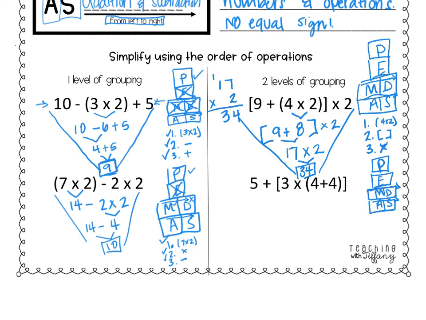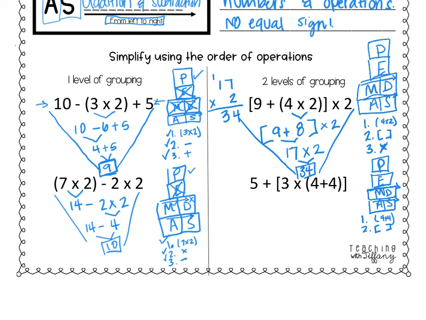So the first thing we look for are parentheses. Do we have any parentheses? We have 4 plus 4. Do we have any brackets? Yes, our brackets are there. So we have to solve 3 times 4 plus 4. And then we look for any multiplication and division from left to right.